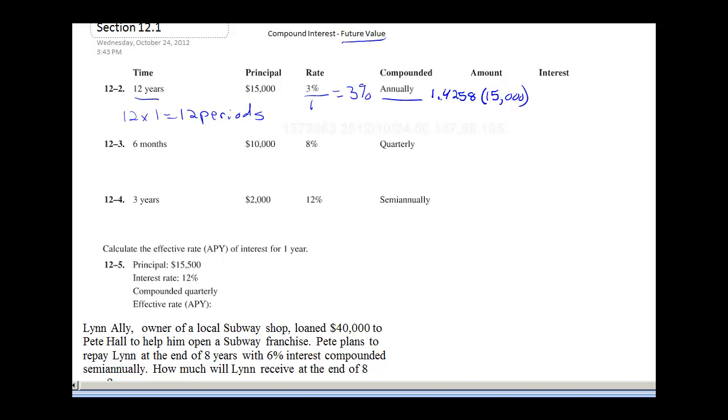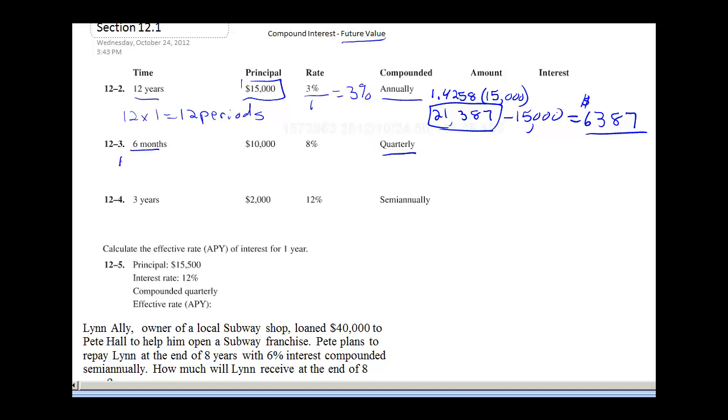So your total amount after the 12 years will be $21,387. And we invested $15,000, so for the interest, I need to subtract off the original $15,000 and find out that we earned $6,387 in interest.